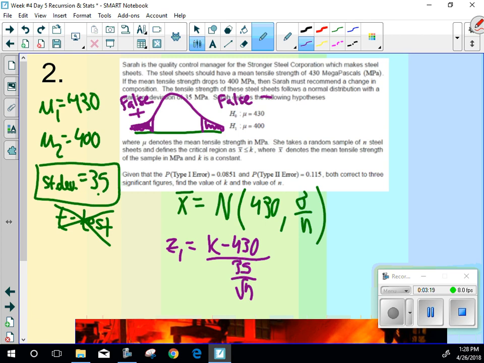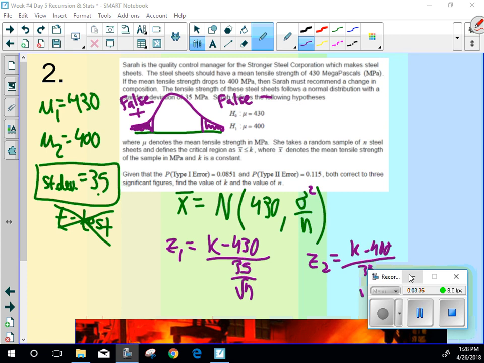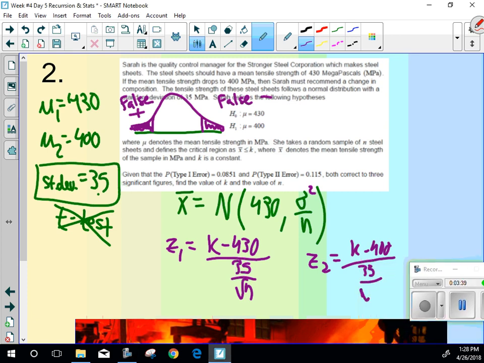I think this was squared. Yep, thank you. And then the other one, Z2, is equal to K minus 400 over 35 over the square root of n. So this is the mean for the type 1 error. And this is the mean for the type 2 error.